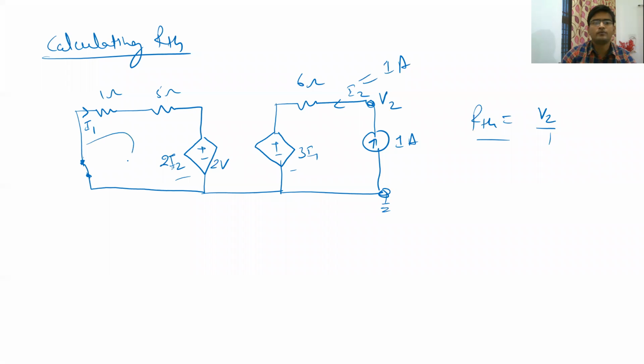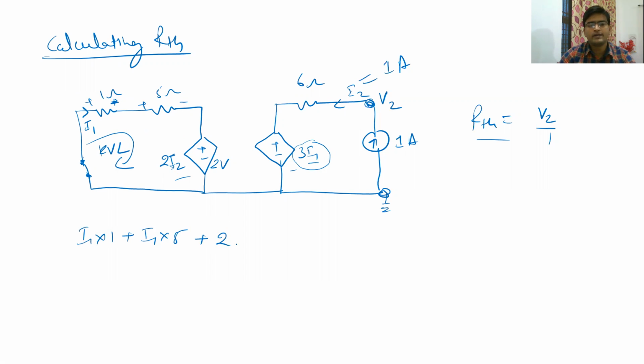Now we can simply calculate a KVL equation in the internal circuit, because for getting this value of V2, you also need the value of this 3I1. So you have to calculate I1. Let me apply KVL in the input. So we will get I1 into 1 plus I1 into 5, it will be a drop like this, right?